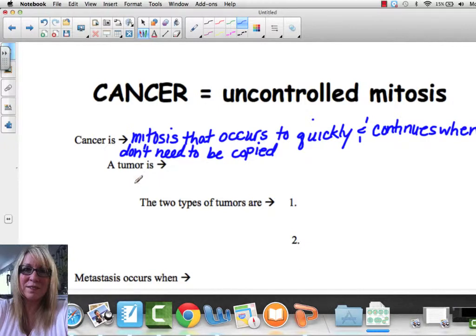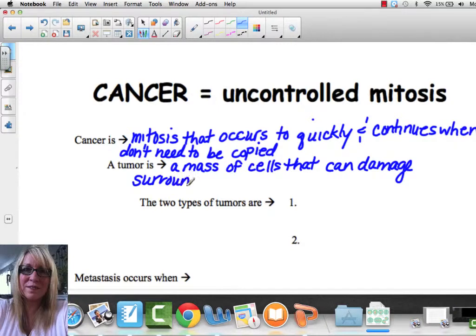A tumor is a mass of cells that can damage surrounding cells or tissues. Now there's two types of tumors, ones that are harmless and ones that are harmful.